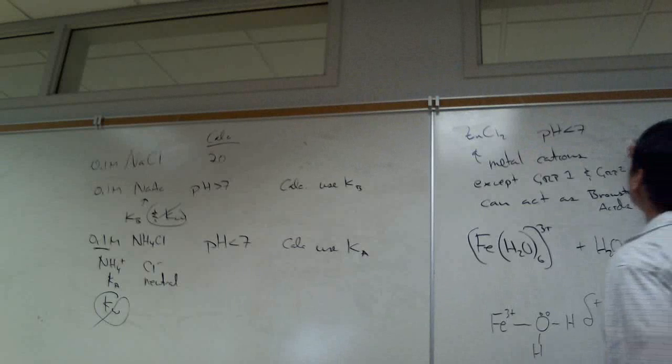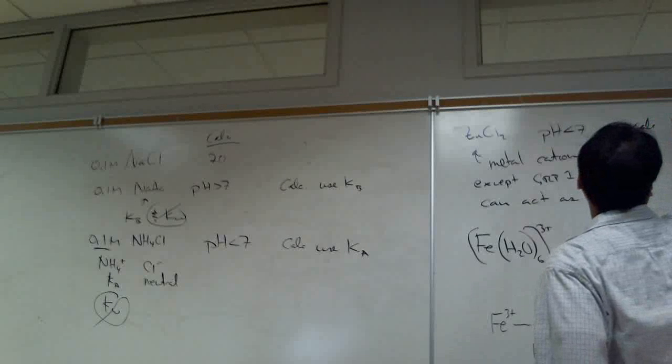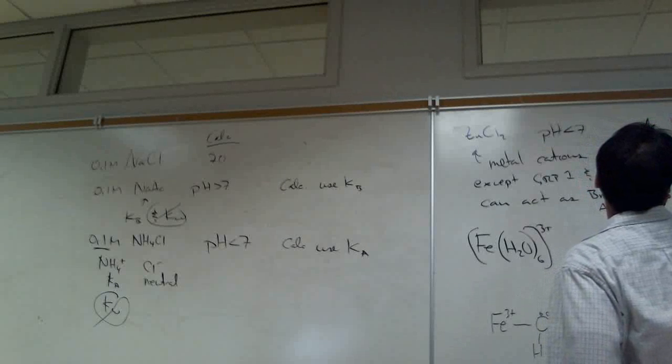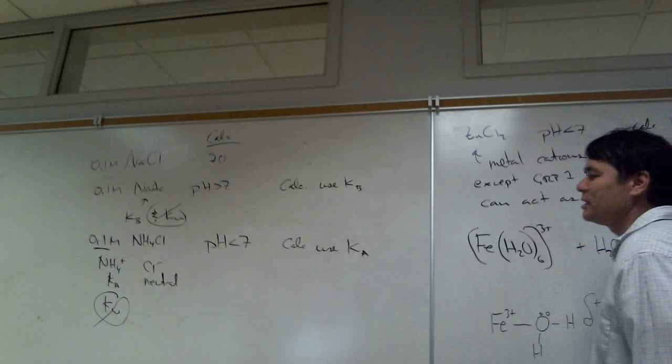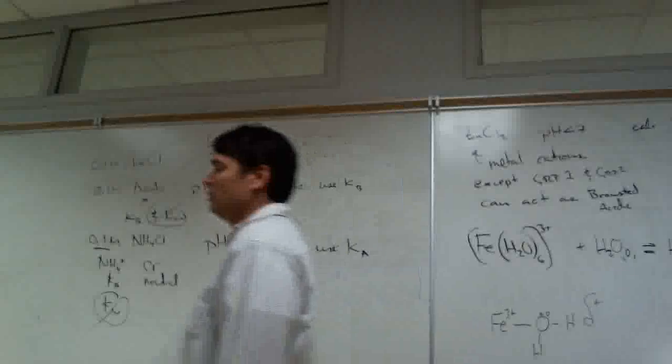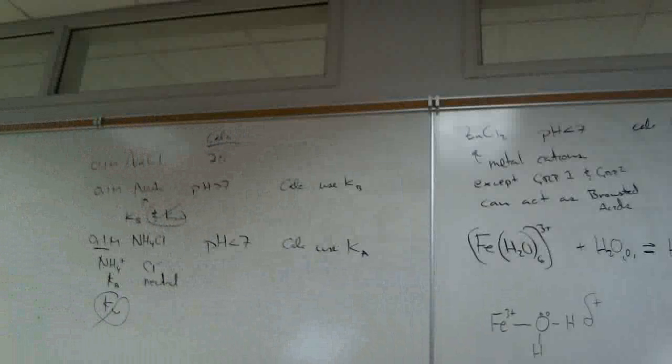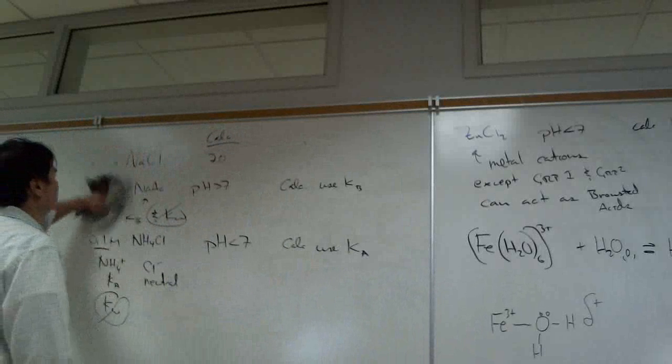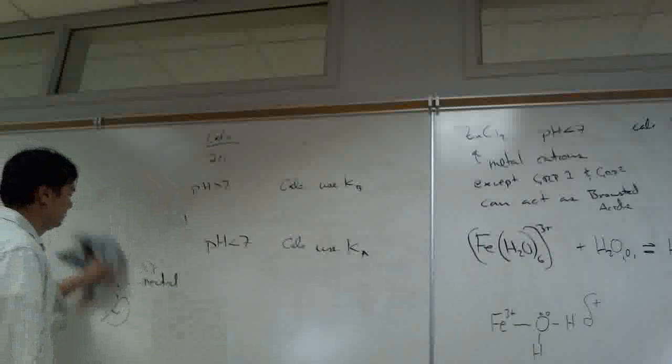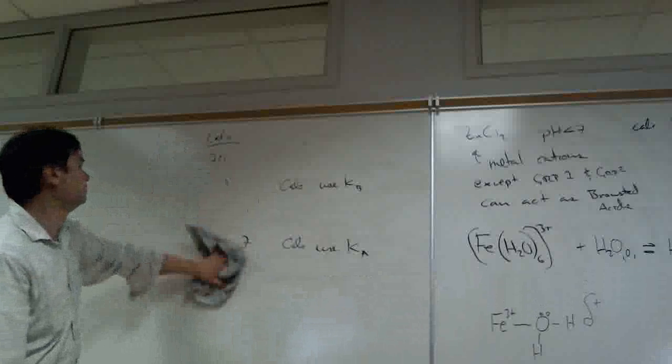And so in order to calculate, we need the Ka for Zn2+ aq. I don't know, is that the tetra-aqua? The hexa-aqua? We'd have to look it up. Or maybe the diaqua? Look that up.